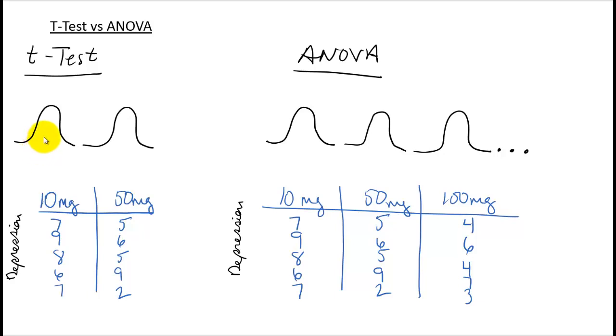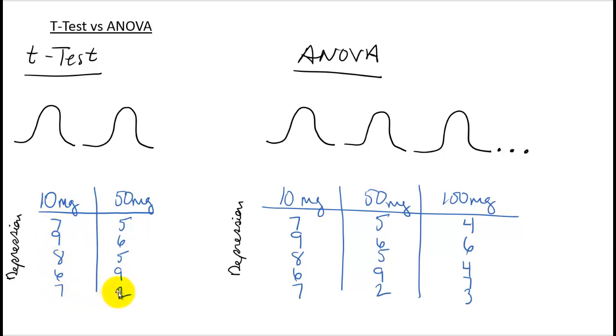But in a t-test, we want to know if there is a significant difference between the means of two groups. Let's say that we have some kind of depression rating on a score of 1 to 10, where 1 is very little depression and 10 is a lot of depression. Okay? A 10 milligram dose of some drug, it doesn't matter what it is, for 5 people have these depression scores.